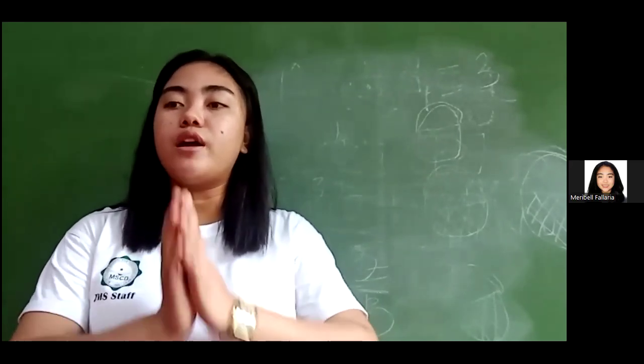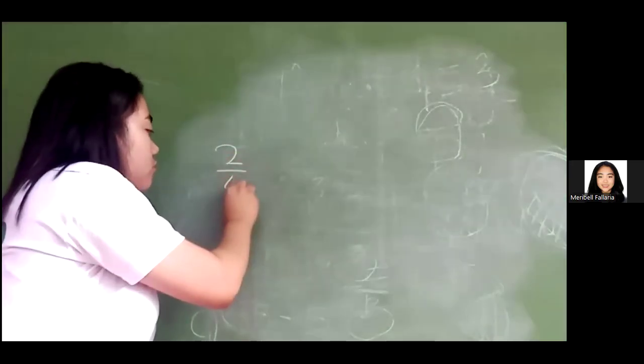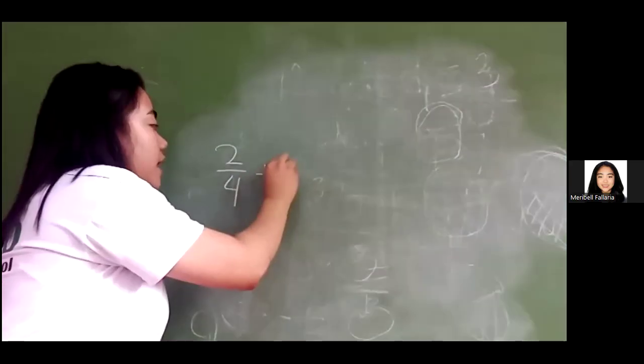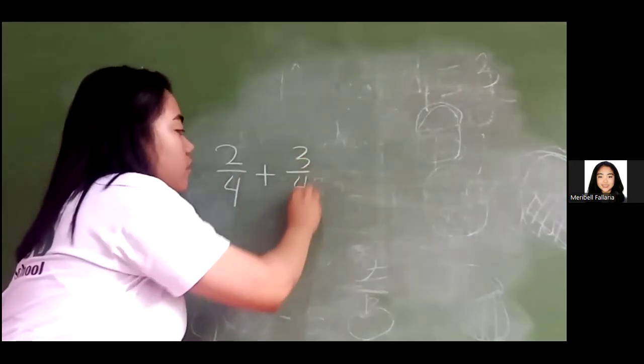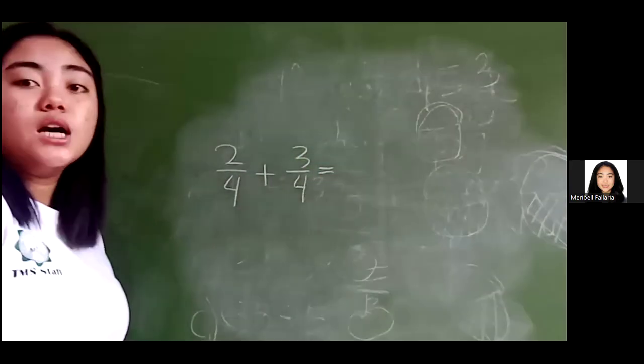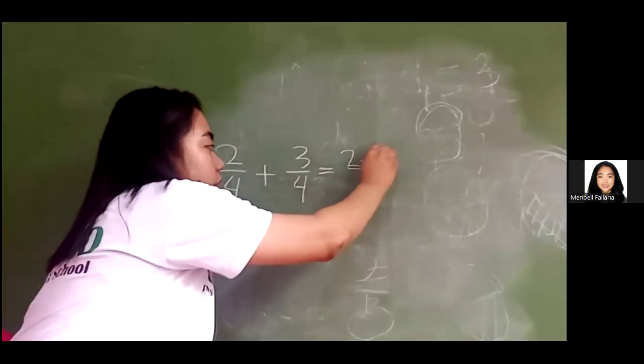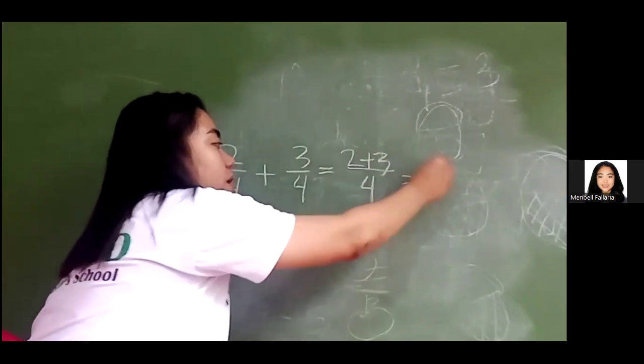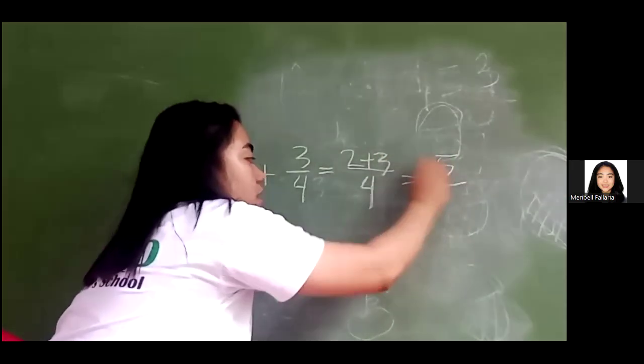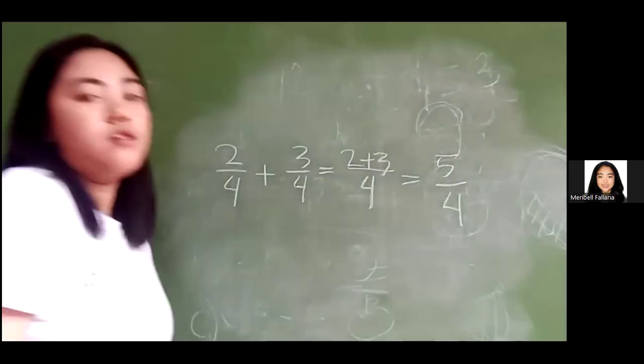In addition of fractions, for example, if we have the same denominator, like 2/4 plus 3/4, we're just going to copy the denominator and add the numerators. 2 plus 3 is 5, and then copy the denominator, 5/4.